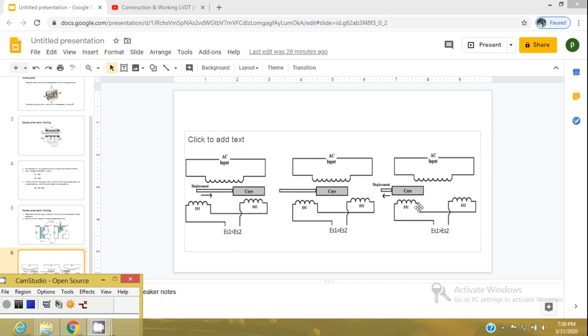When the core is placed to the left side of null position, more flux links with S1 when compared to S2, so the EMF induced in S1 is greater than the EMF induced in S2. When the core moves towards the right hand side, the flux linkage will be higher in ES2, so ES1 is less than ES2.